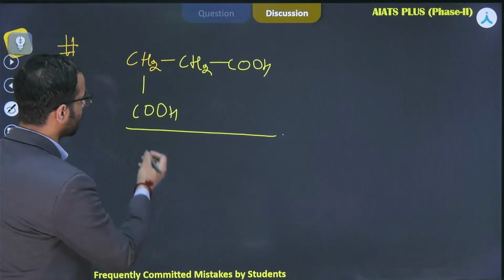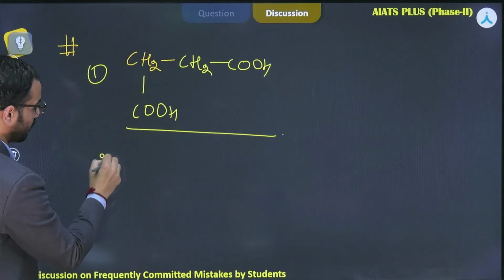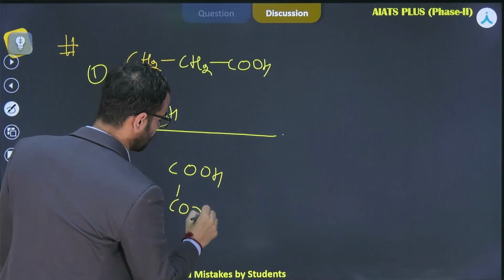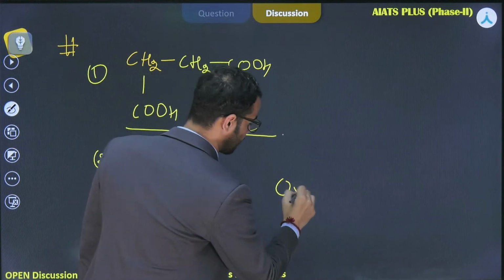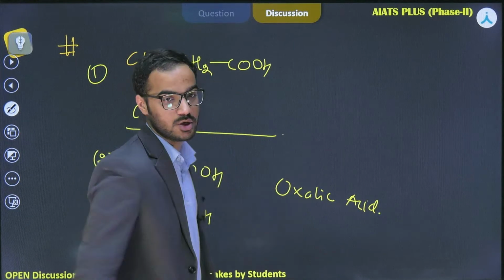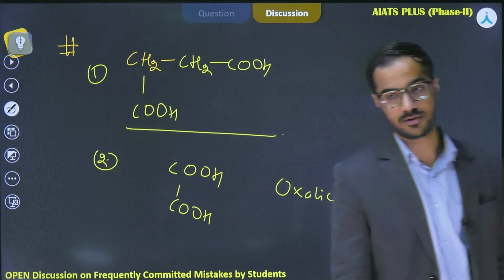Or we can say that question number 1 and question number 2 is COOH, COOH. You all are aware that this is oxalic acid. So what is the common name of this substrate?